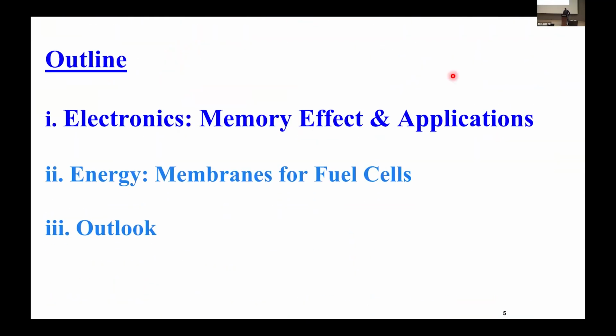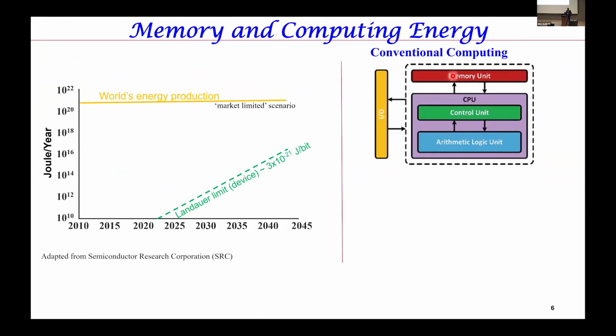So in terms of electronics, this is of course a huge space by itself. I'll mostly talk about memory or resistance change phenomena, which is a driving force today for electronic technologies. And the reason is because of energy.